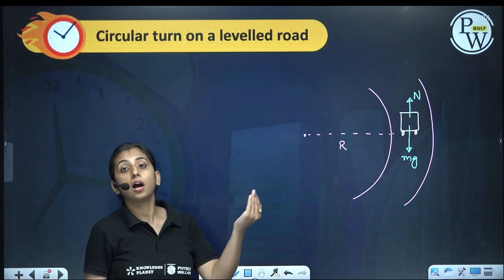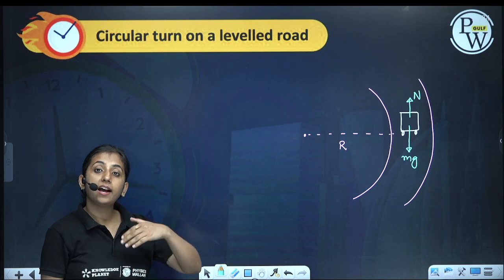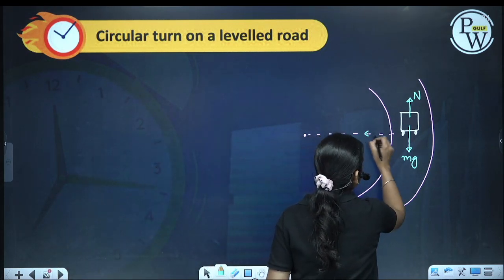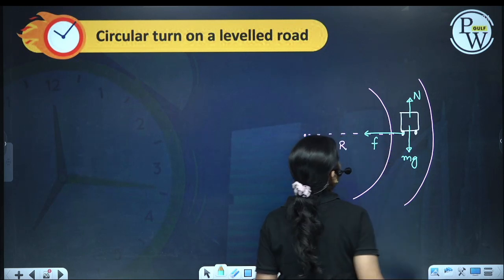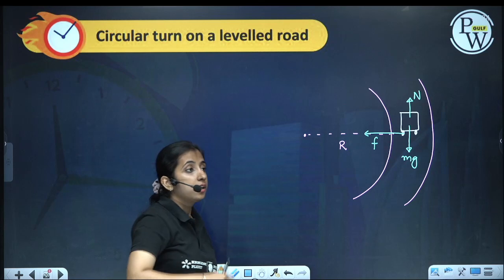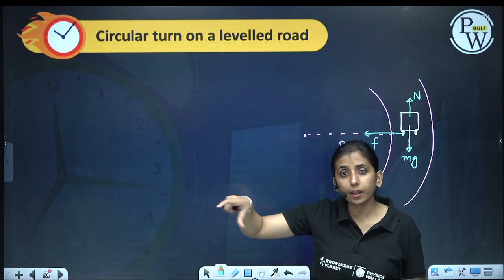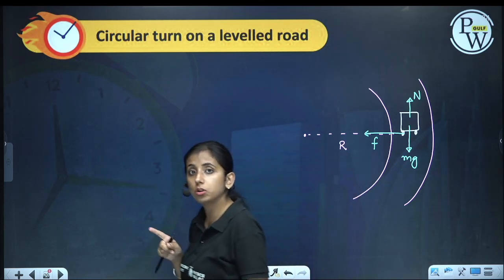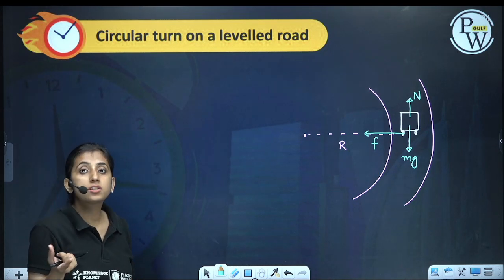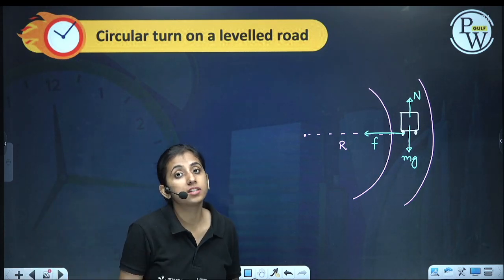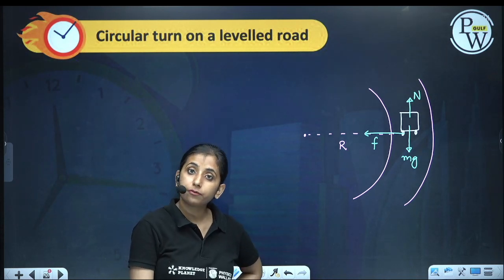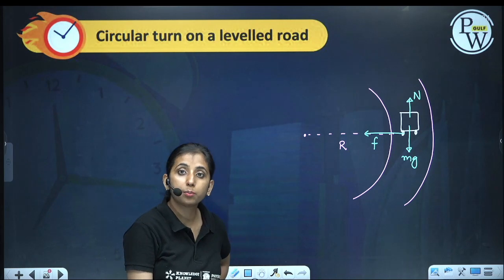Now as the car is taking the circular turn, it has a tendency to move outwards. So a frictional force will be acting inwards. Now to make the body move in a circular path of radius r, we always need a centripetal force. Gravitational force and normal reaction are not along the center, so there must be a force giving us the centripetal force.